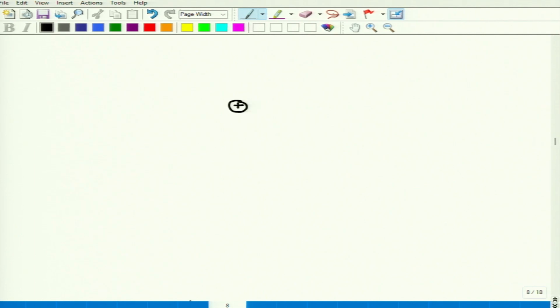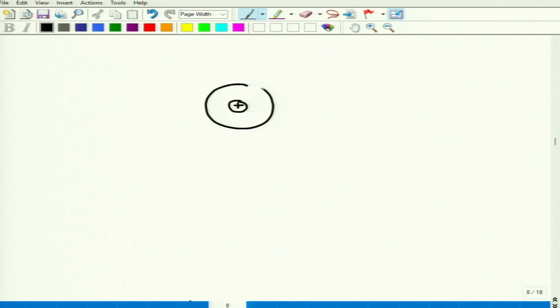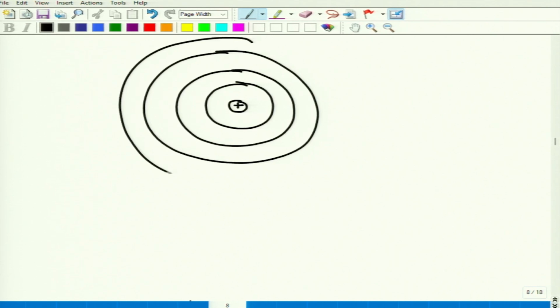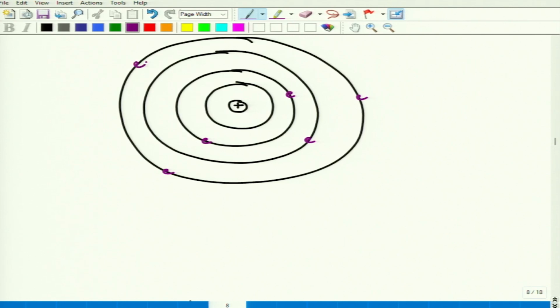In the nucleus most of the mass of the atom is centered, and around the nucleus the electrons are revolving, like this. This is the nucleus, and around the nucleus the electrons are revolving. This is the Rutherford proposed model.